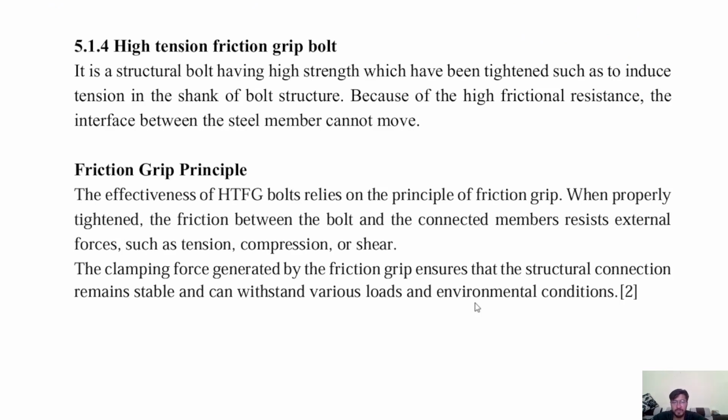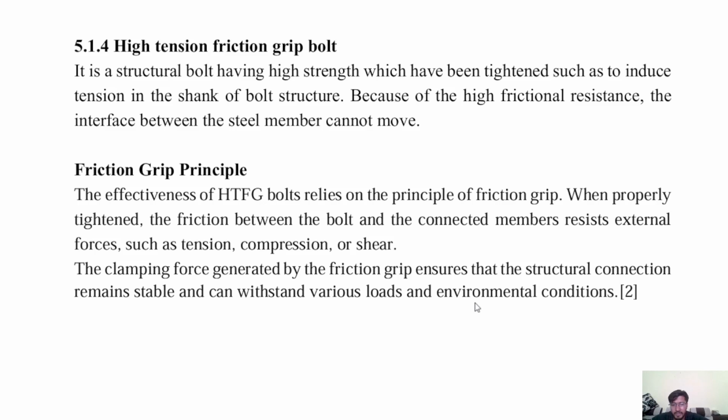And another subtopic is the high tension friction grip bolt. It is a structural bolt having high strength which has been tightened so as to induce tension in the shank of the bolt. Because of the high frictional resistance, the interface between the steel members cannot move.